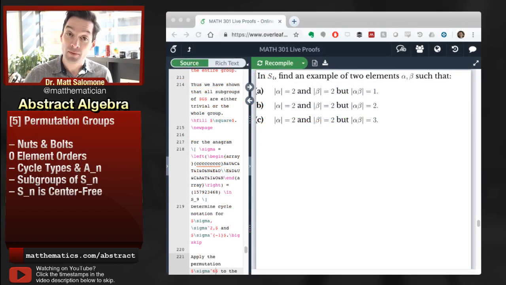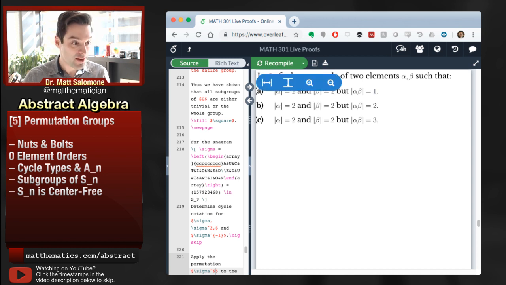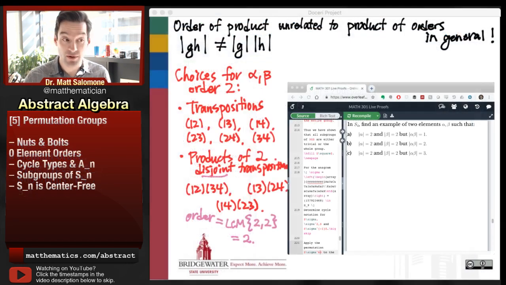The first example is to find elements of order 2 which have the property that their product has order 1. Well, there's only one element in any group that has order 1, and that's the identity element. So what this first question is asking me to do is to find transpositions alpha and beta such that when I compose them together, I get the identity. Well, we know that any transposition is its own inverse.